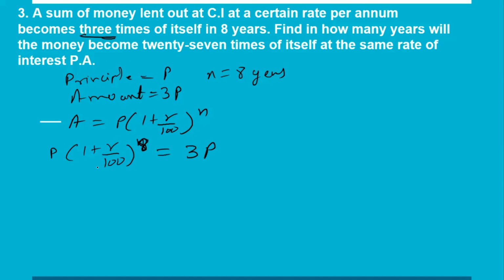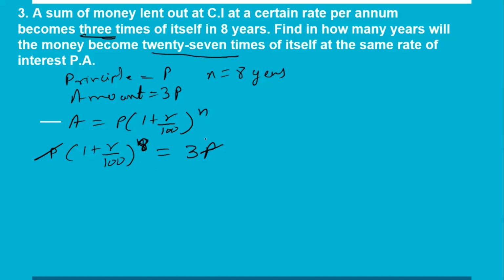So when I divide here, P and P get divided. So I'm getting this as 3. Now it becomes 27 times. The amount is now 3 times. To become 27 times, what should I do to 3?